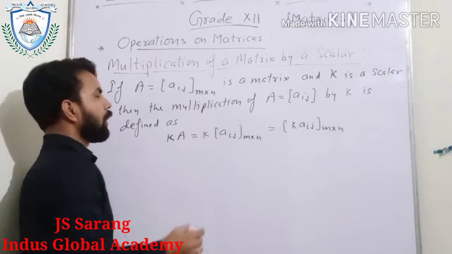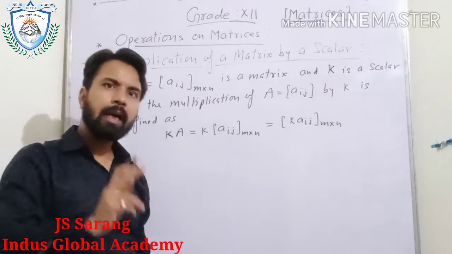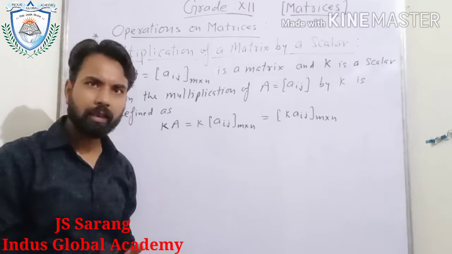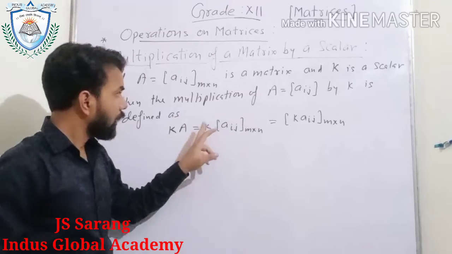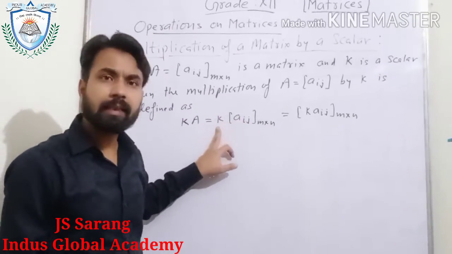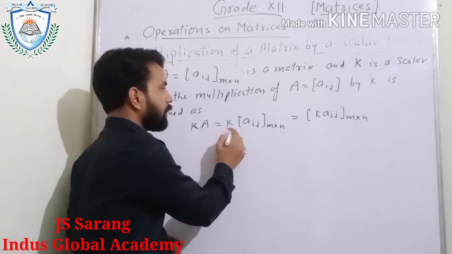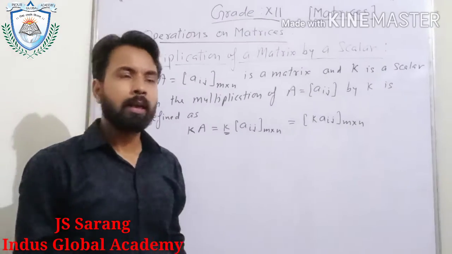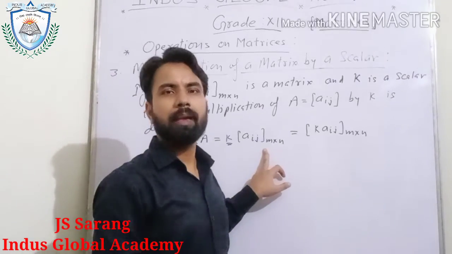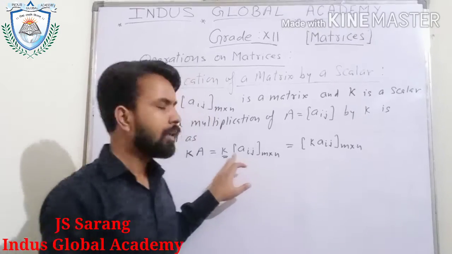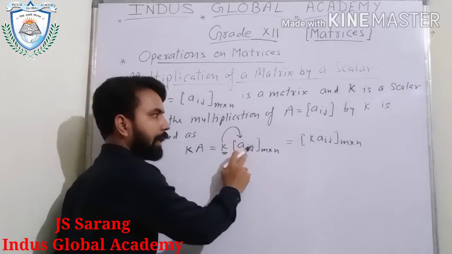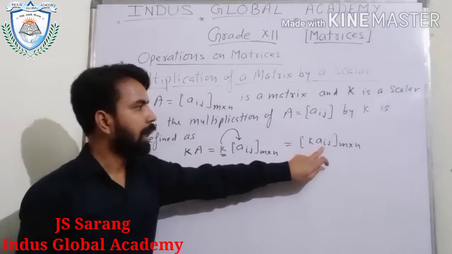Now what we will do is multiply all the elements of the matrix by this scalar. Are you getting what I am going to say? Because if a matrix is multiplied with any scalar, then this scalar is multiplied inside the matrix. Every element of the matrix is multiplied by this scalar. So this K will be multiplied by Aij, so it will be Kaij.